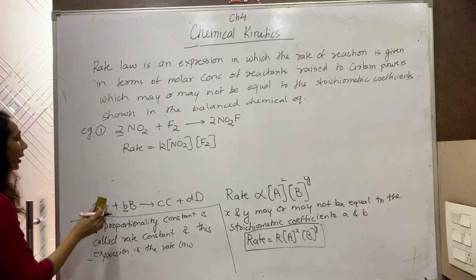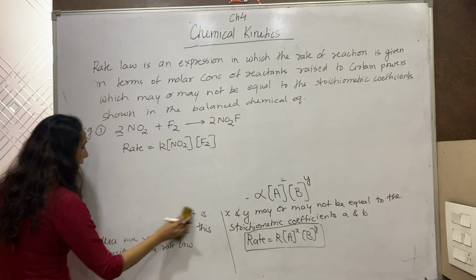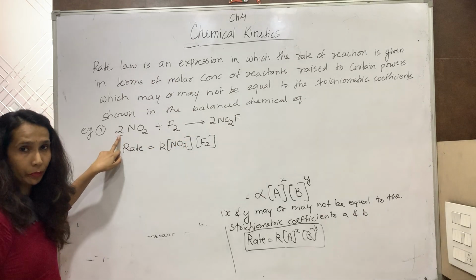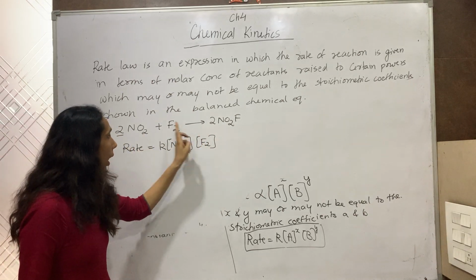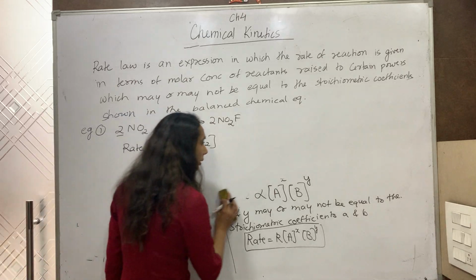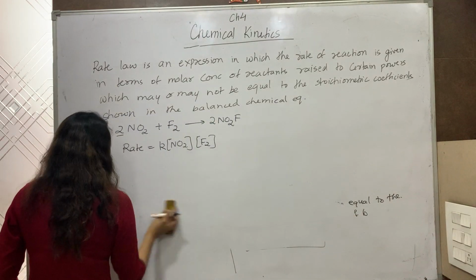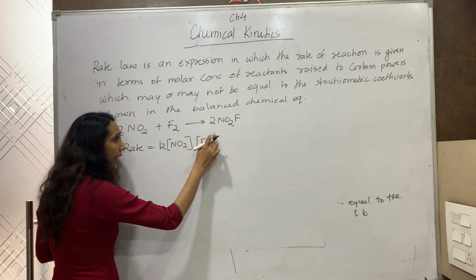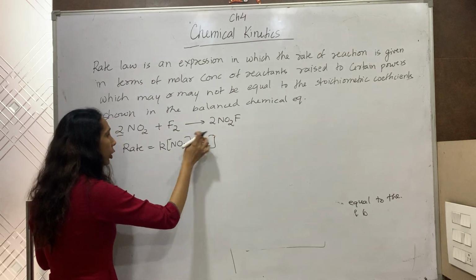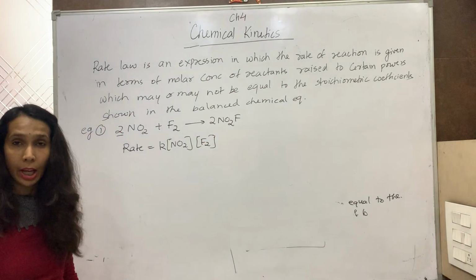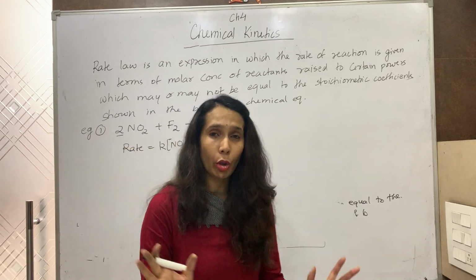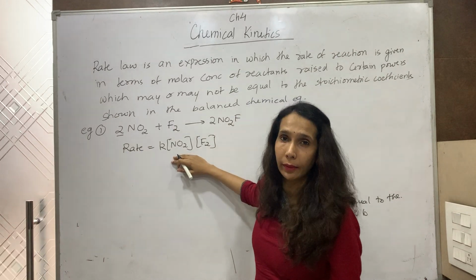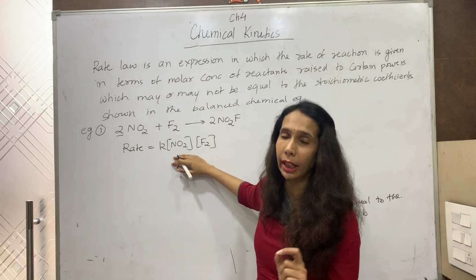So you can see that for NO2, the power in the rate law expression is 1. Here it is 2. So they are not equal. But for F2 it is 1, here also it is 1. It is equal. Why is it 1 here? This has been determined experimentally. I cannot see this equation and write this rate law expression. I can only determine this expression experimentally. I cannot find it theoretically.